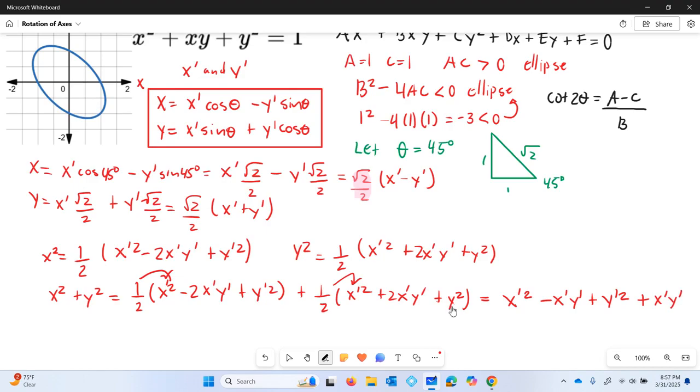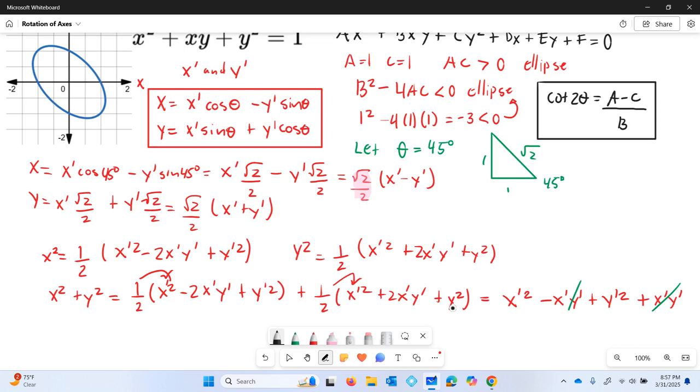That is the basis for using this expression: we need anything with an x prime y prime to cancel out, because we want to be able to tell specifically what this conic is.